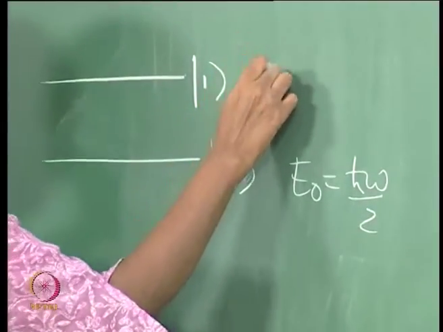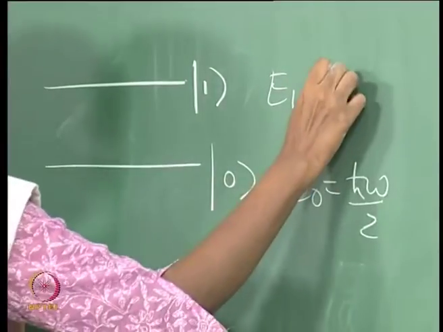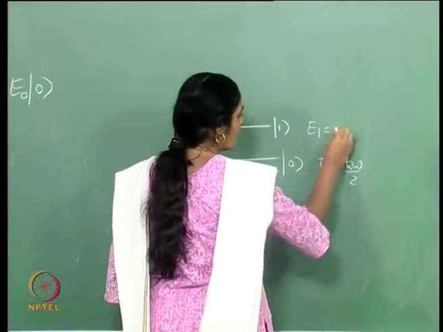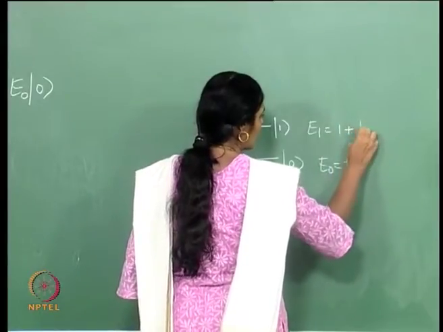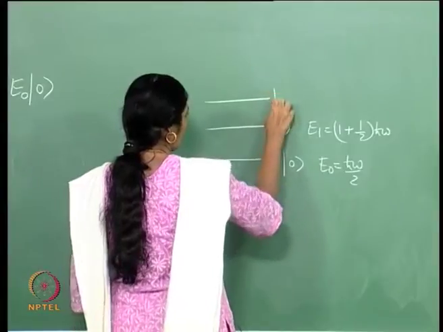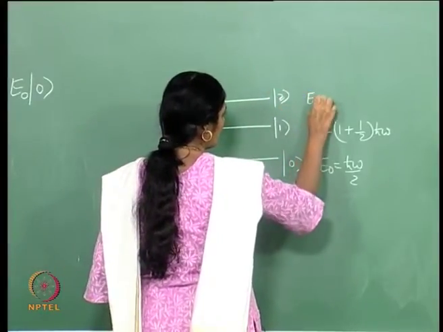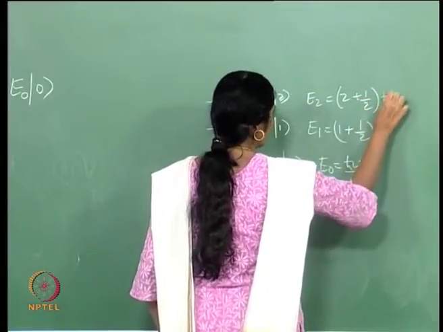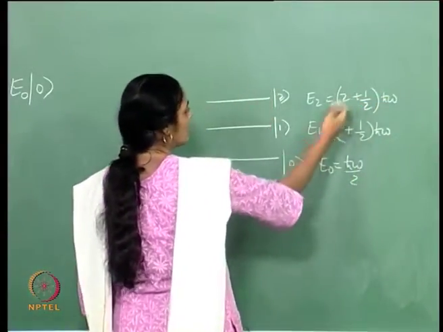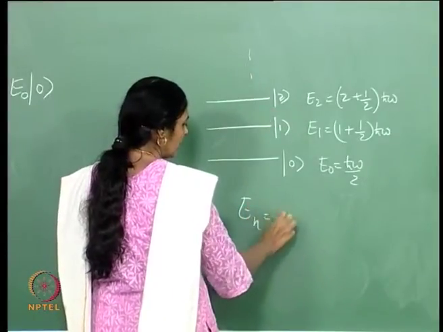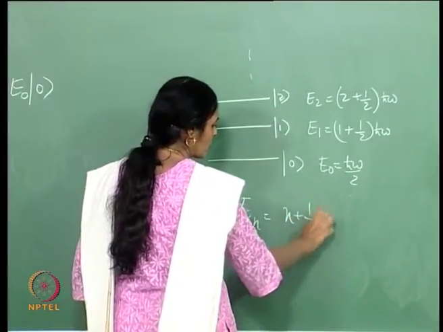Then there is ket 1 with energy E1, which is E0 plus h cross omega, so 1 plus half h cross omega. Then there is E2 with energy 2 plus half h cross omega, because I would have added one more increment to this, and so on, and therefore E sub n is n plus half h cross omega.